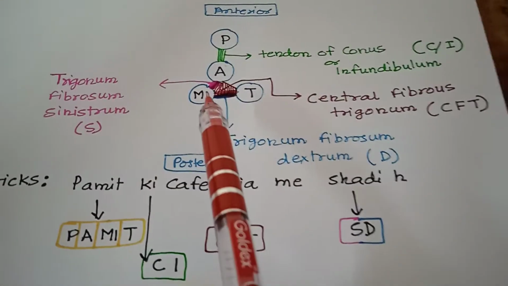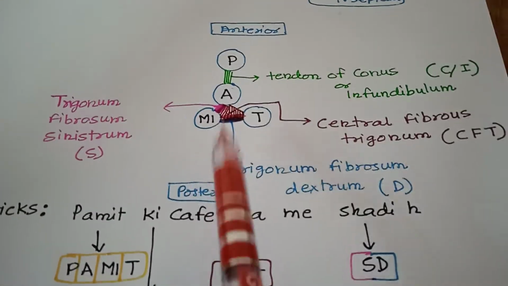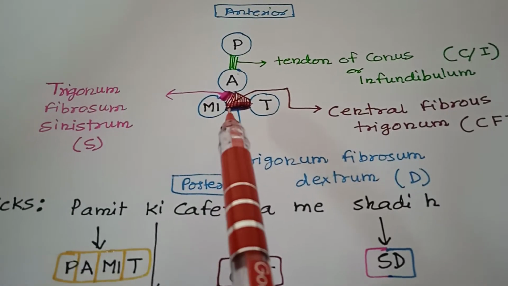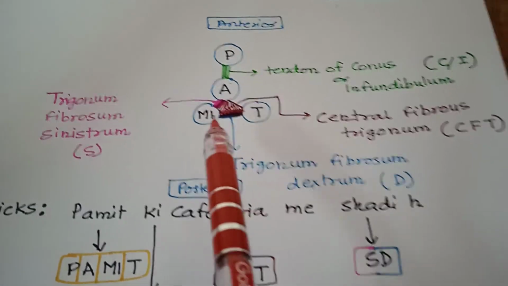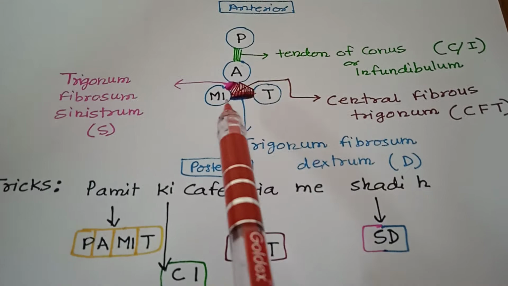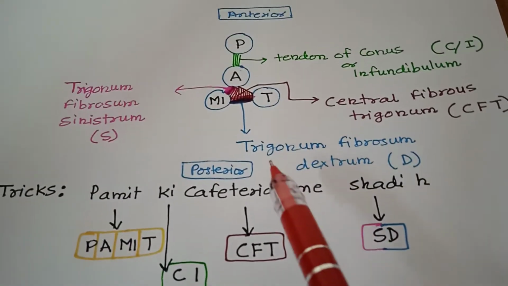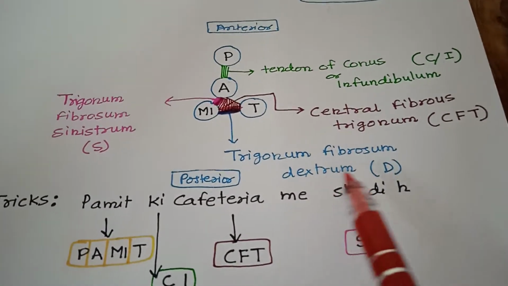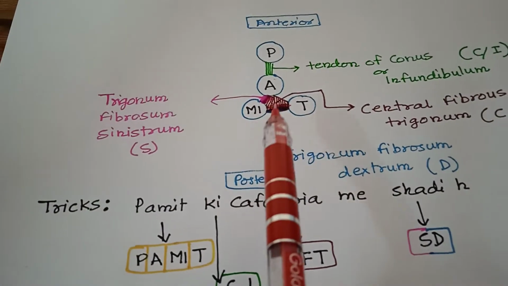But this central part, the lowermost, which connects the mitral and tricuspid rings, is somewhat thickened and known as trigonum fibrosum dextrum. It is somewhat on the right side.